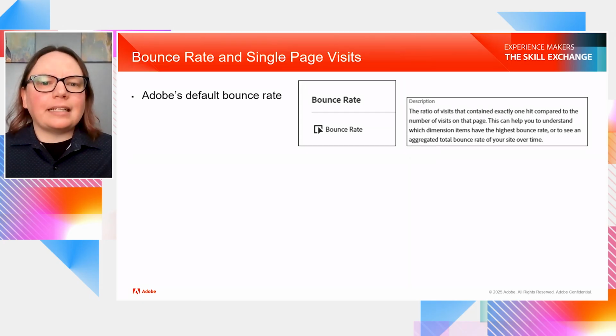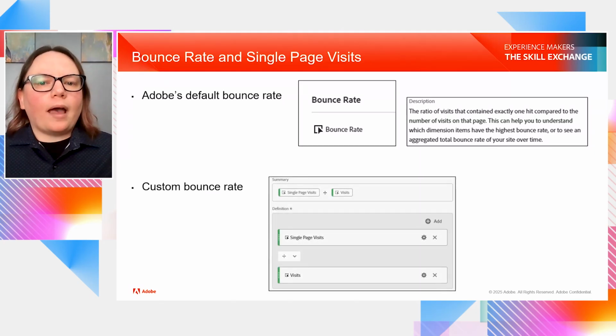Now notice that it says hit and not page view. It is rare, but it's possible that if a custom link call fires, but no page load call fires, as long as there's only one hit, that still counts as a bounce. Which is why I prefer to use the custom bounce rate metric where we look at single page visits. This way we don't have to worry about if a call double fires or if there's impressions on the page. Our bounce rate is based on people only seeing that first page.